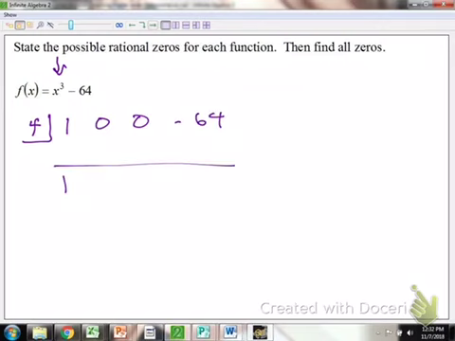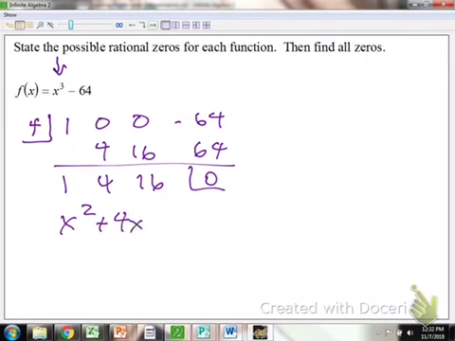Bring down the 1, that's 4, that's 4, that's 16, that's 16, that's 64, that's a 0. And then again, you'll see that we still have x squared plus 4x plus 16 equals 0, which is the same as the polynomial that we just solved a moment ago. So the process is still the same if you don't recognize that it's factorable.